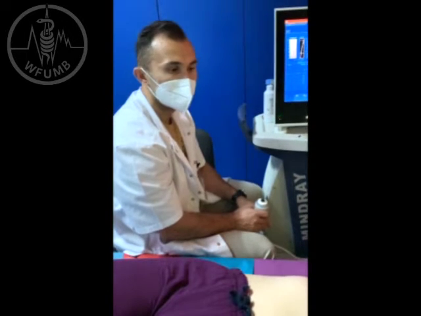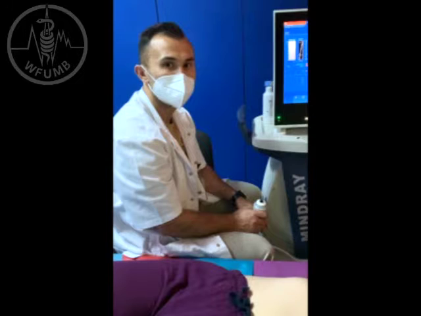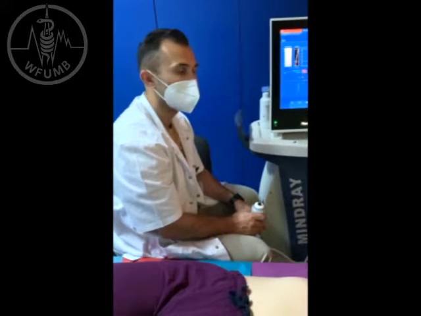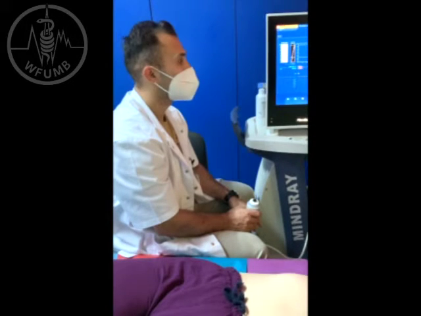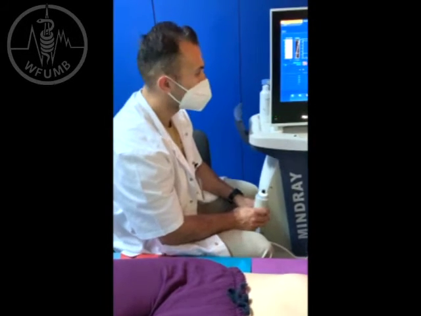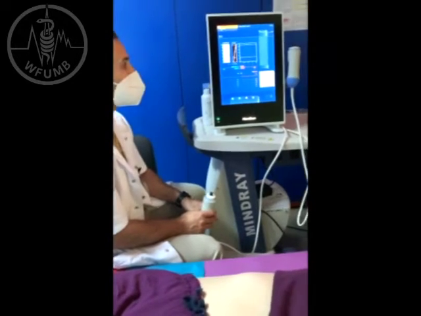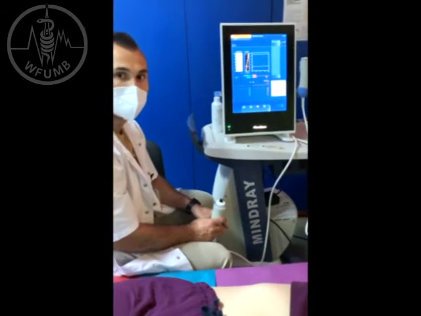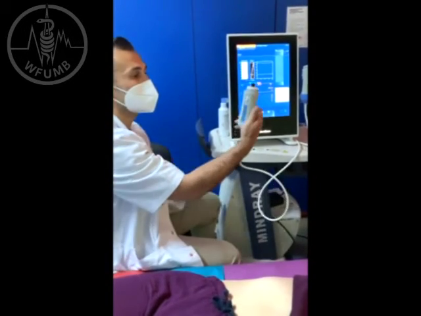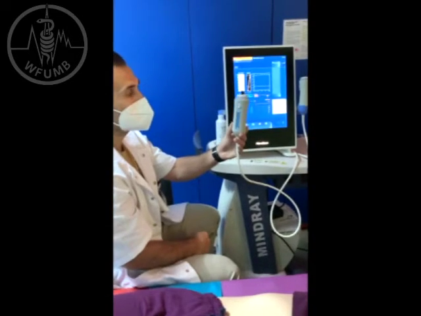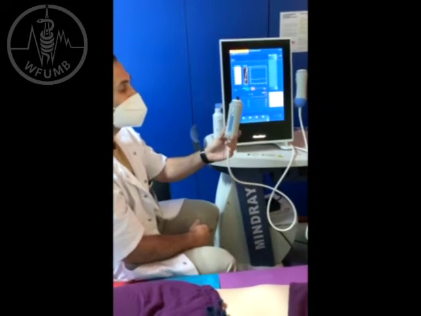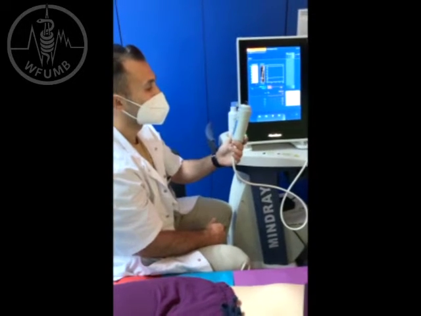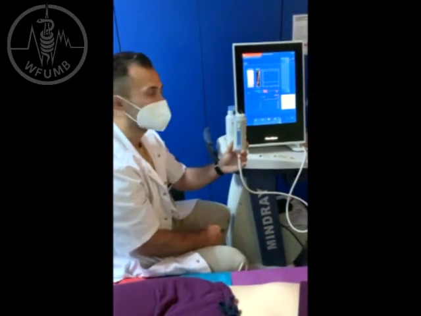Firstly, we start the examination with the patient positioned in decubitus on the bed with normal breathing in a relaxed state. As a note, the FibroScan was released with the M probe, which had a lower reliability and technical success in patients with obesity, with around 75% success rate.